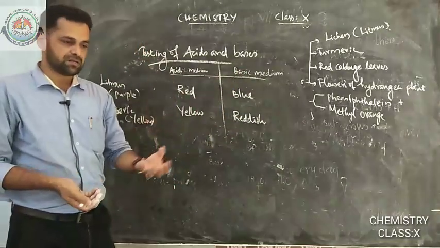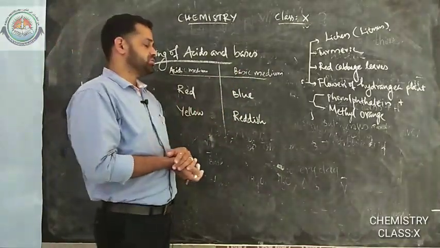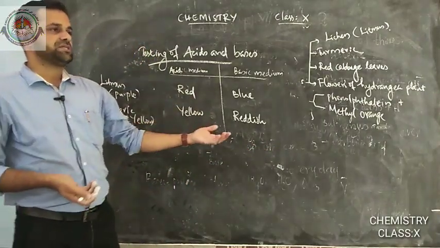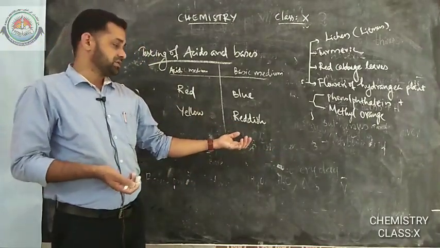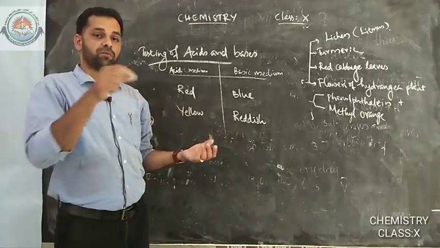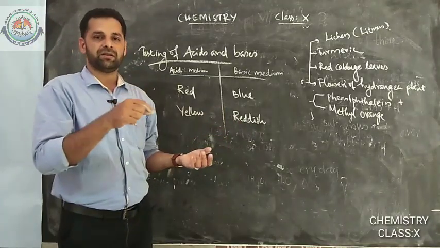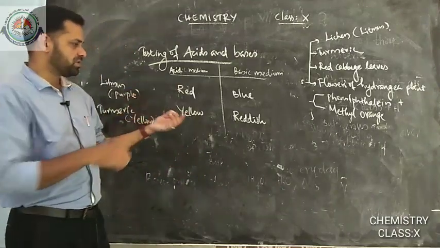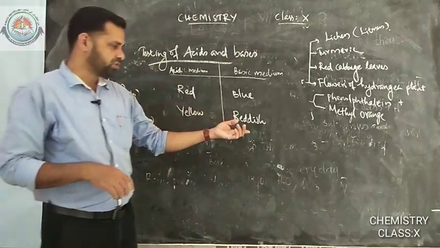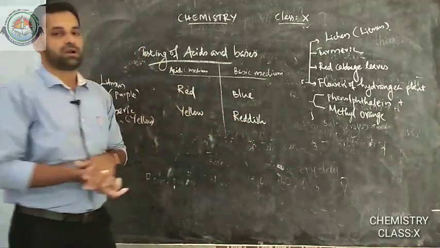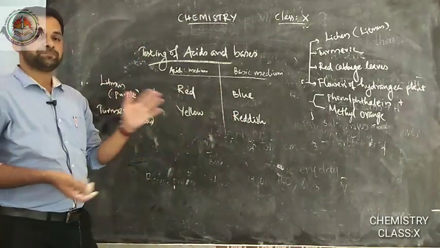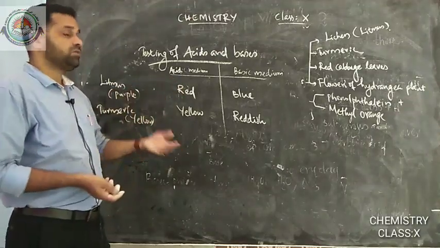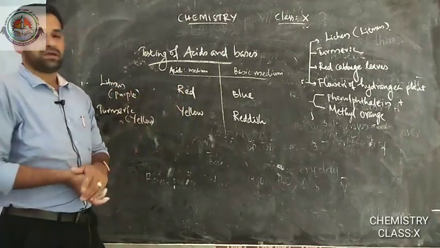And we can change that color back into yellow if we pour some lemon juice onto that cloth, because then the medium becomes acidic. Even if it is acidic or neutral medium, the color will be yellow.